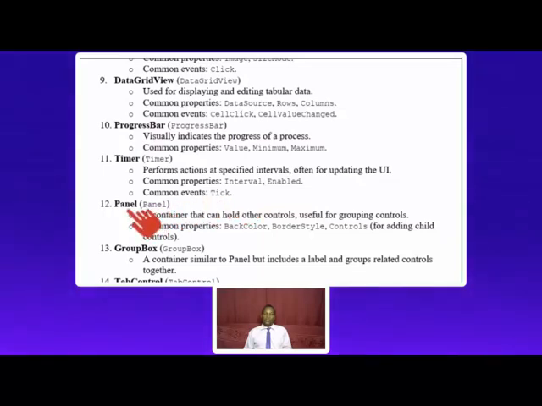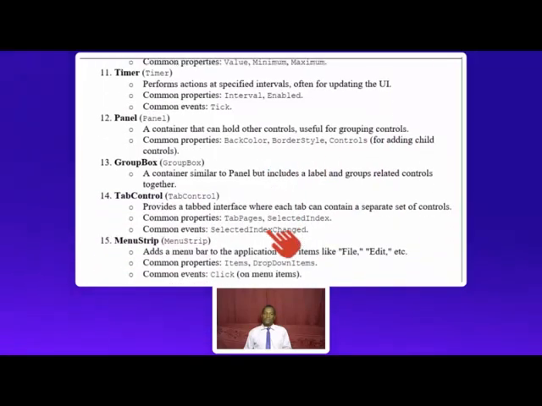Then we have the next control, which is a panel, a container that can hold other controls, useful for grouping controls. And common properties will include back color, border style, controls for handling child controls. We have another control which we call group box, a container similar to a panel that includes a label and groups related controls together.